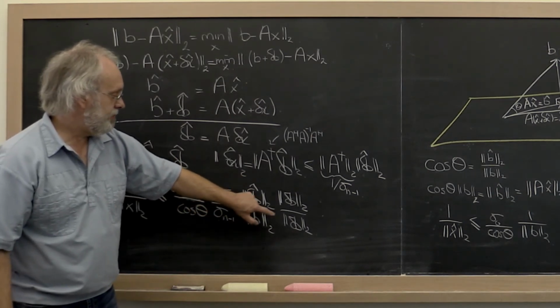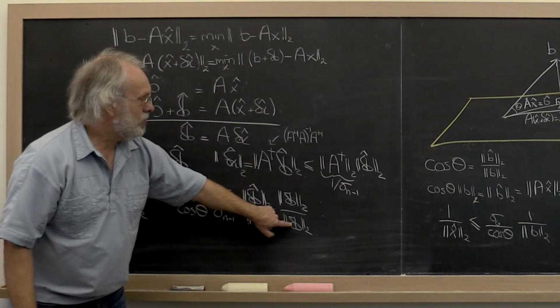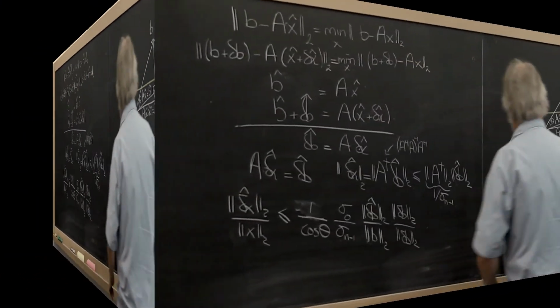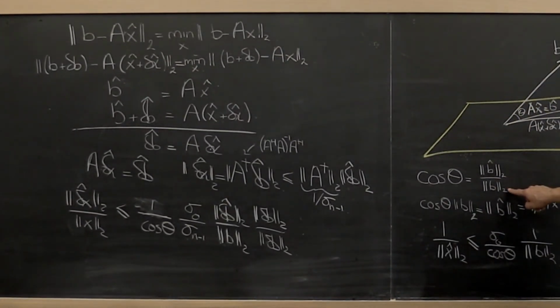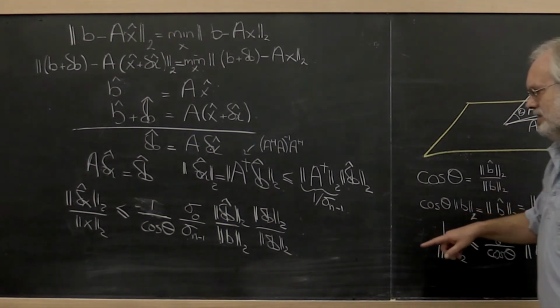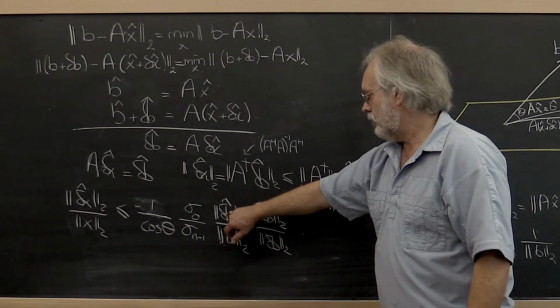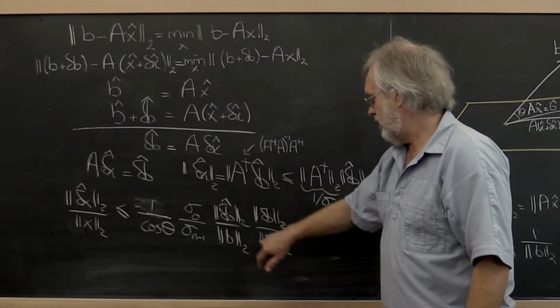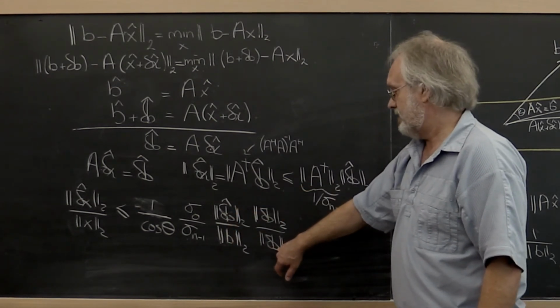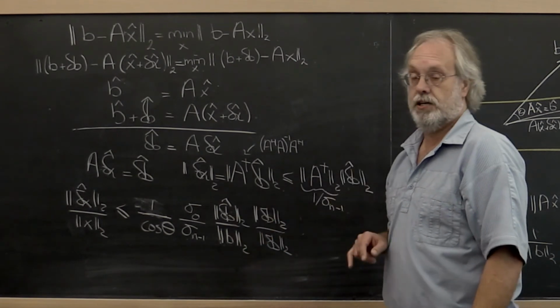And then this divided by that looks suspiciously like this divided by that, doesn't it? So what it really is, is the cosine of the angle between the change in the right hand side and the column space of A.